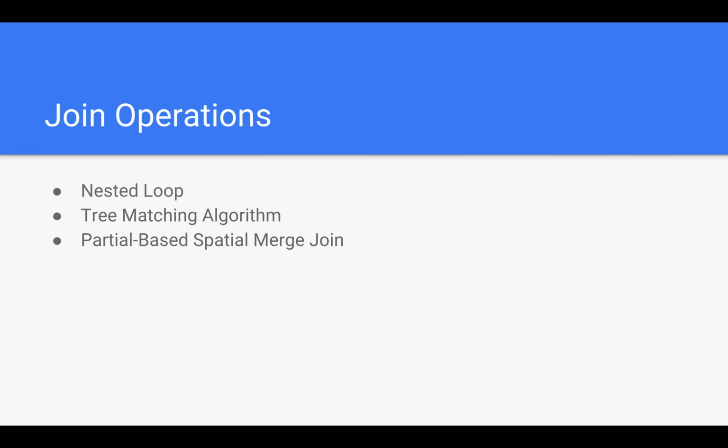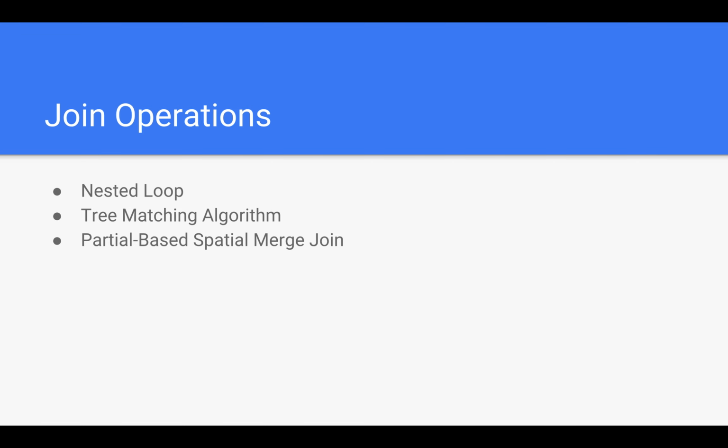And now the most important thing is the join operation, because it is the principal method when we're doing data operations. There are three methods mentioned in total. The first one is easy. It's called nested loop. We just use two loops to find all the correct data.